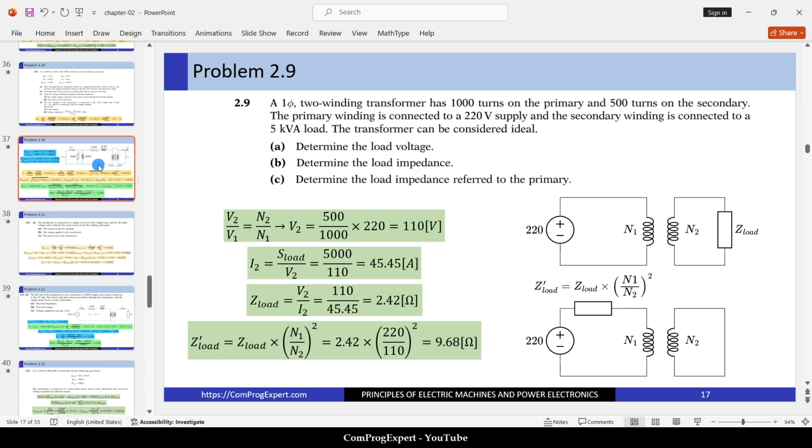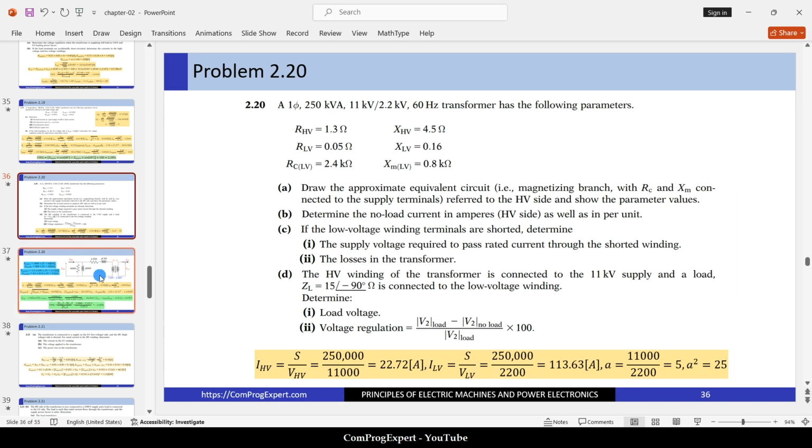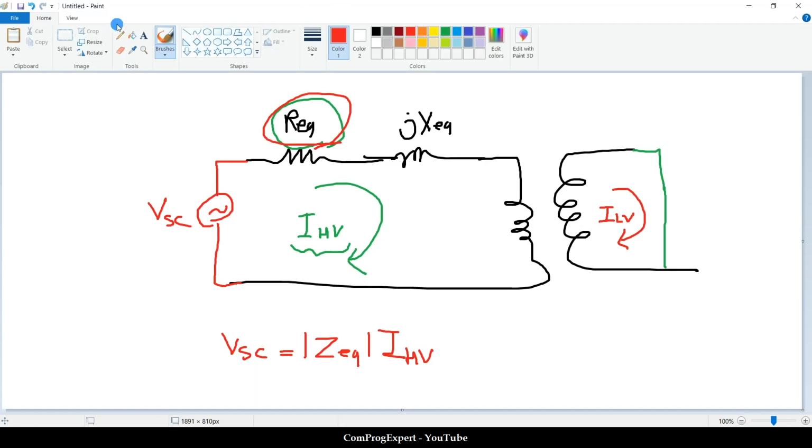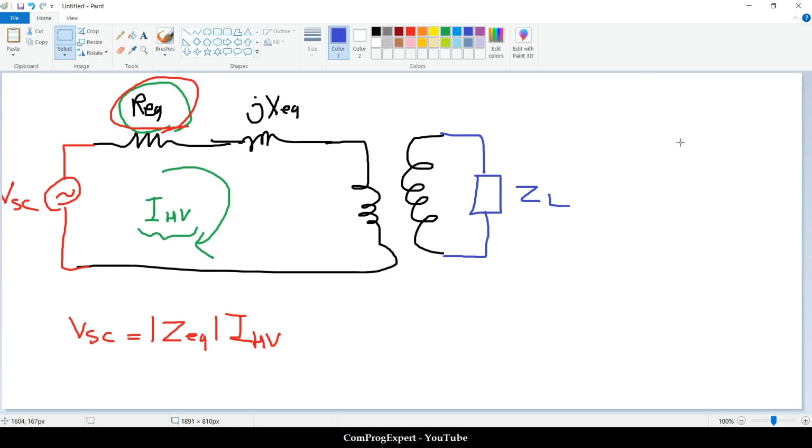How? Here we have the load impedance ZL. This is the circuit. If we transfer this load impedance to the primary, we will have this circuit. This is V1 that is equal to 11 kilovolts.